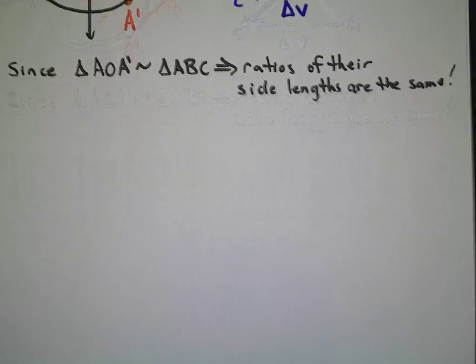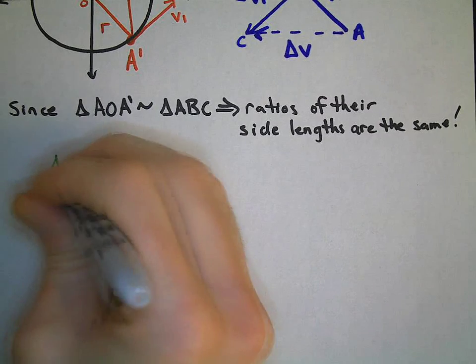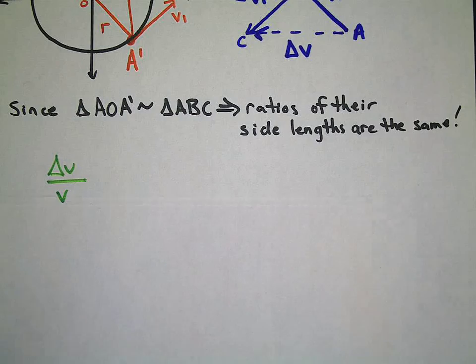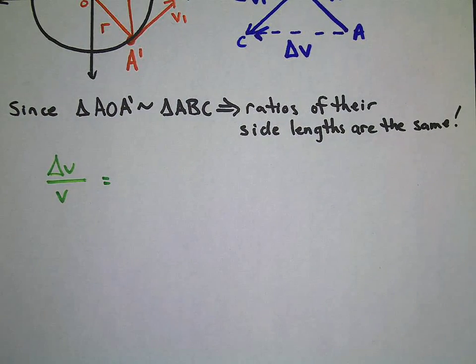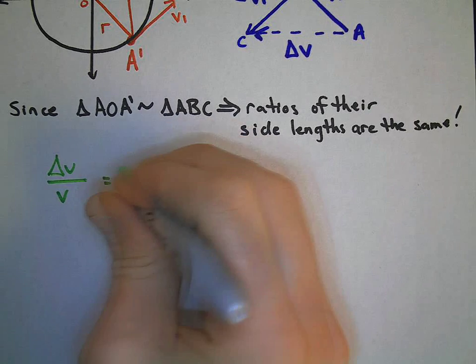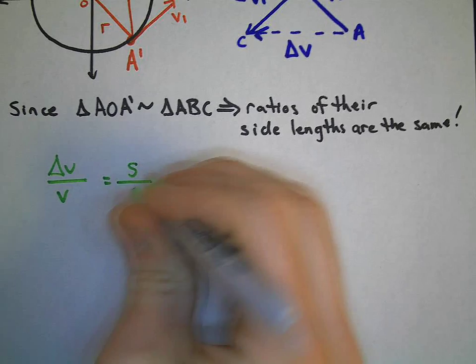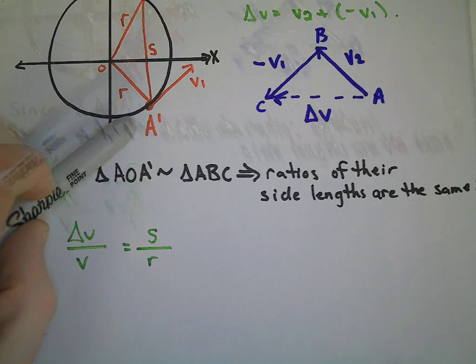This is going to help us derive a few formulas that are important for centripetal acceleration. So if I take delta v and put it over either v1 or v2, that will be equal to the arc S, the length of the arc, over either one of my radii from the uniform circular motion, S over R.